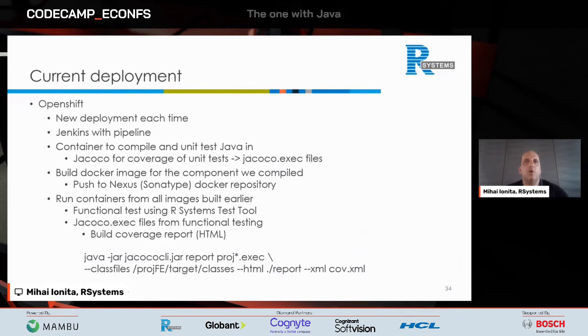So remember those Jacoco exec files from unit testing? Now we pull them together with the ones from functional testing. And the next step in the pipeline is to create the coverage report. So now we come back to our choice of Jacoco.